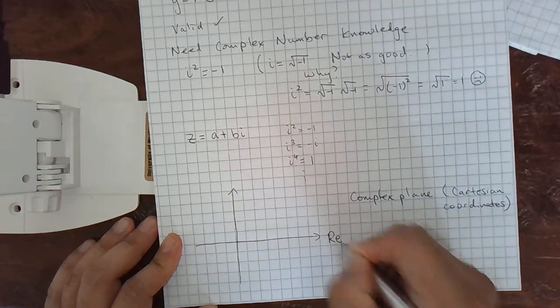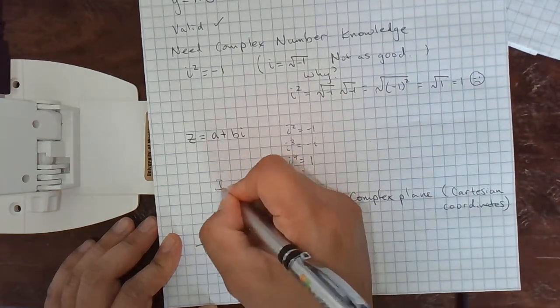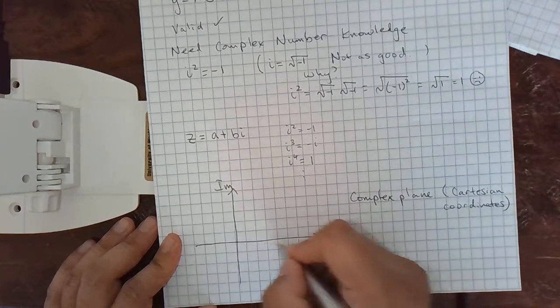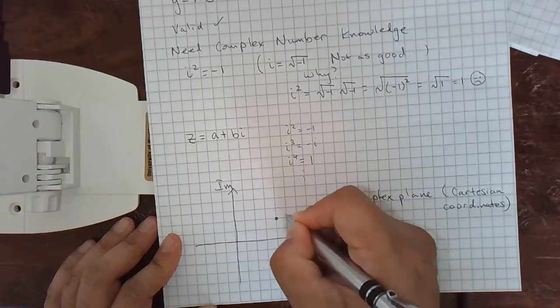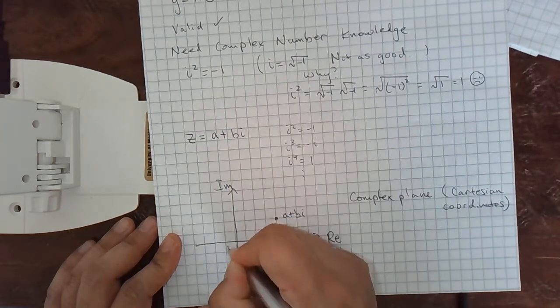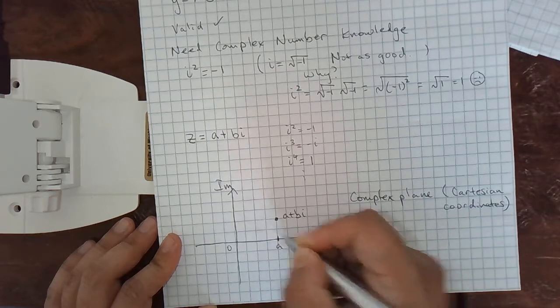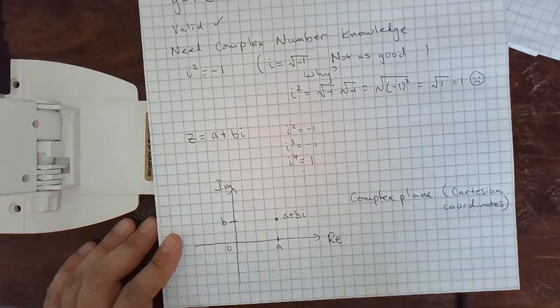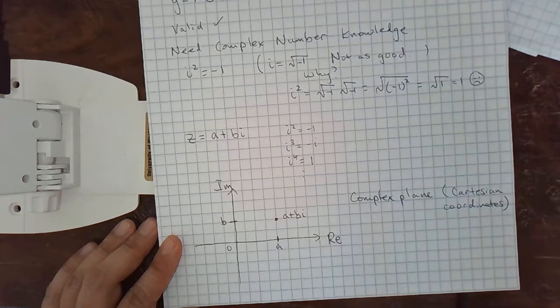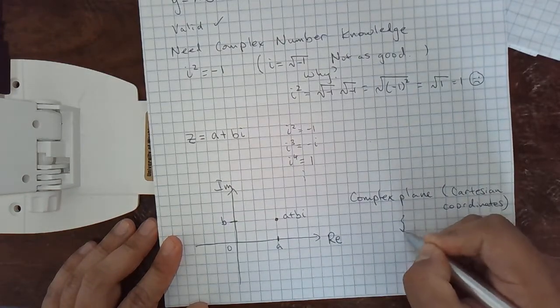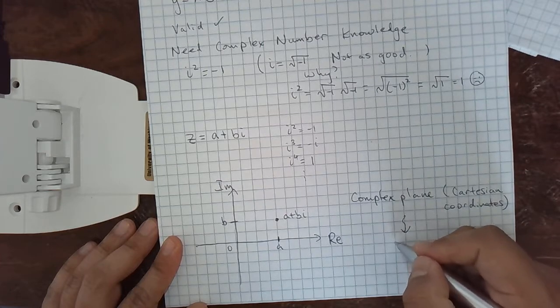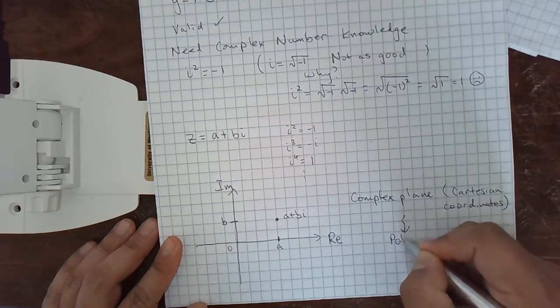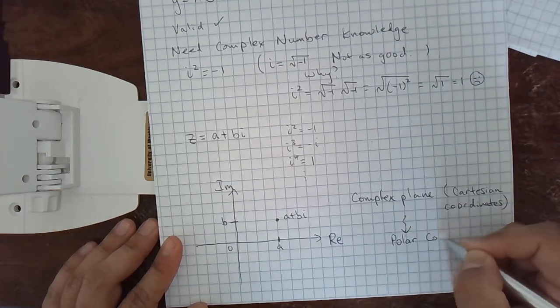We have a real axis, Re for real, Im for imaginary axis, and then you just have some point a plus bi, where here's the real number a, here's the real number b. Go over a and up. Easy. Okay. But what sometimes is more meaningful is if we switch from Cartesian coordinates to polar coordinates.